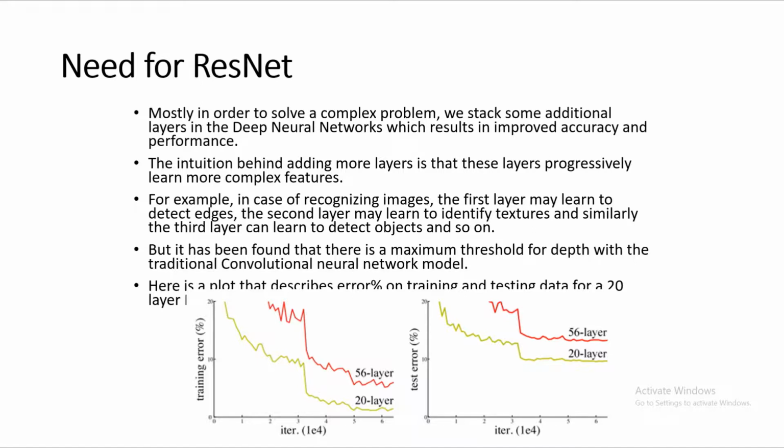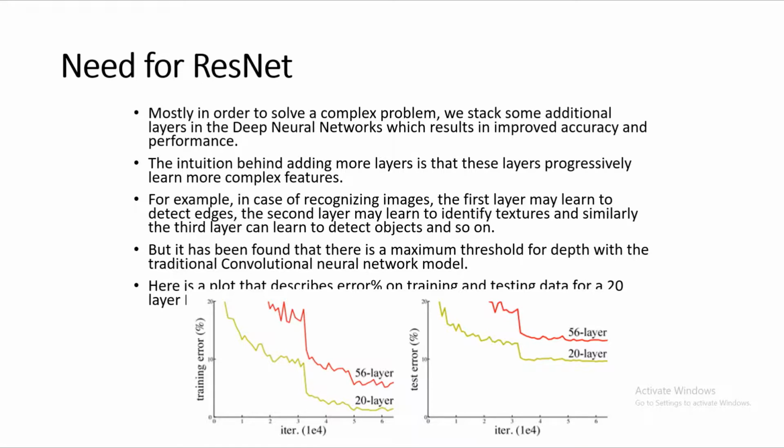But it has been found that there is a maximum threshold for the depth with the traditional convolutional neural network model; we cannot make the network deeper beyond some threshold.